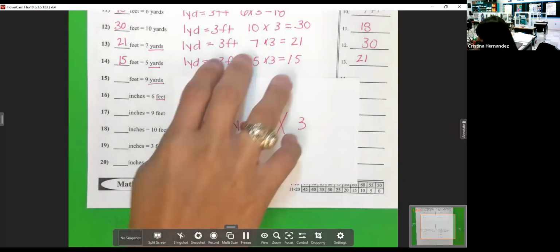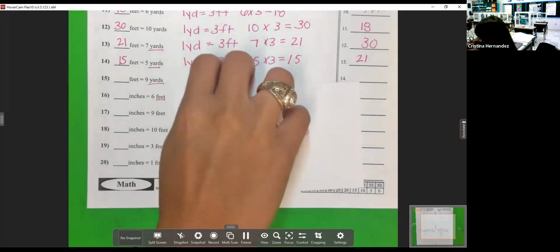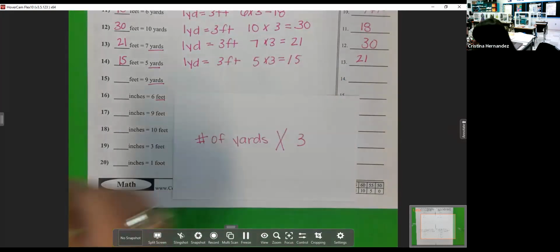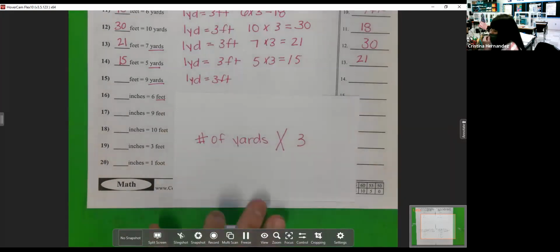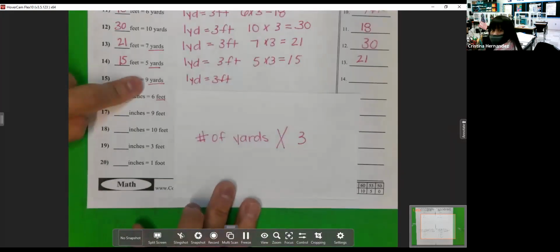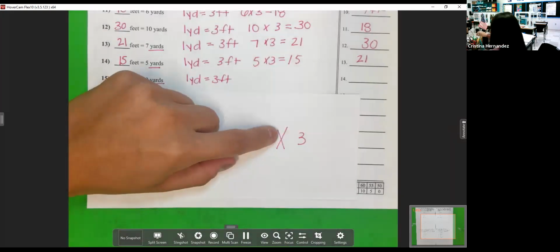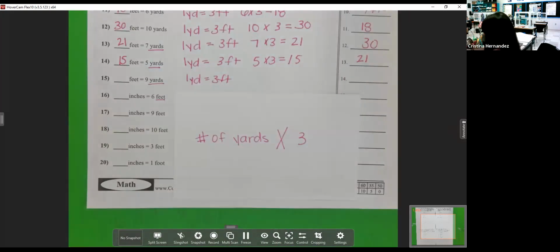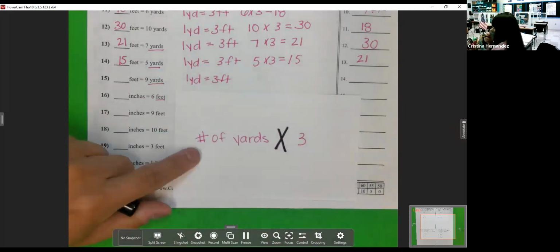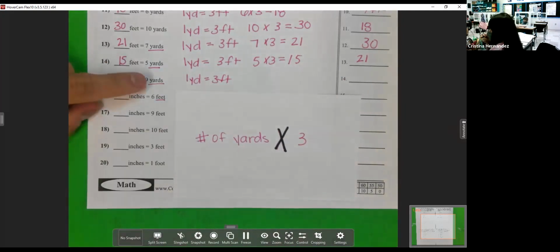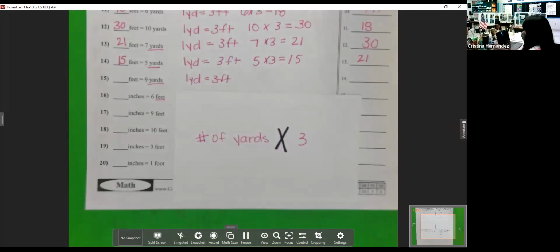All right. Okay, I want y'all to try 15 by yourself. I'm going to walk around and see. 1 yard equals 3 feet. How many yards are you converting to feet? This is multiplication right here. This is a multiplication side. I set it up for you. If you use this little card, the number of yards right here times 3, you should be able to get your answer.